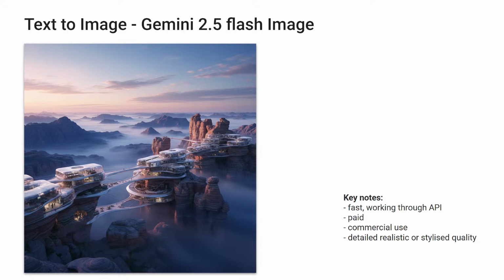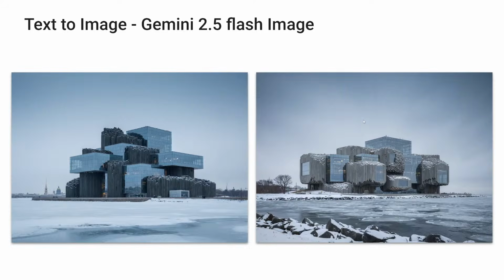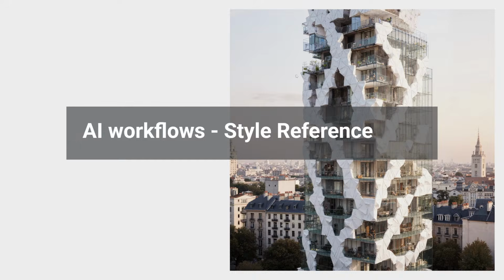You can just do it with one image, and this is possible with Gemini, but there is a difference, so we will return to this topic later. These are some other samples with Gemini, and this is our next workflow to check. It's when you have not just a text prompt but also a style reference.